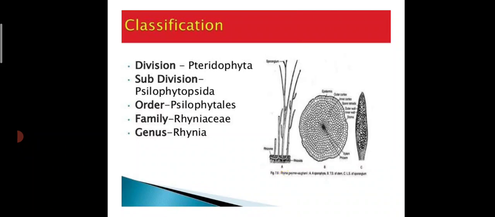A tuft of rhizoids comes out of the rhizome to the underside. The branches don't have any vascular connection from the main axis, and at the tip of the aerial branch they have a tapering pear shaped structure, that is the sporangia. And this is the simple internal structure it is having.